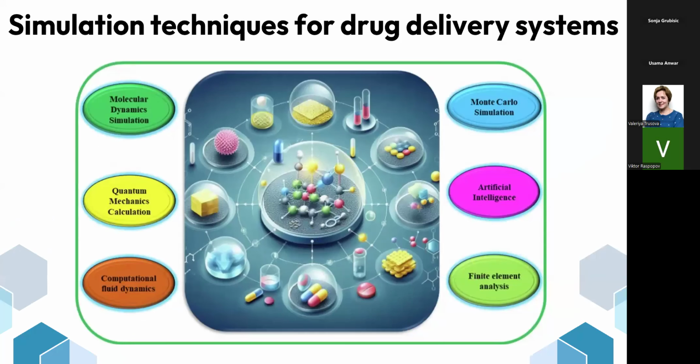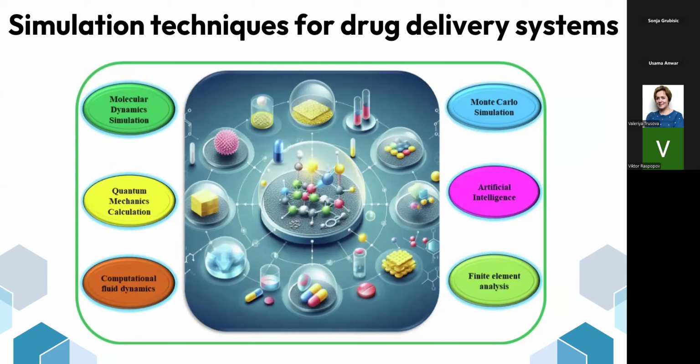Several simulation techniques have, let's say, leading positions. Among them is molecular dynamic simulation, of course, which models the movement of atoms and molecules in the system over a certain period of time.